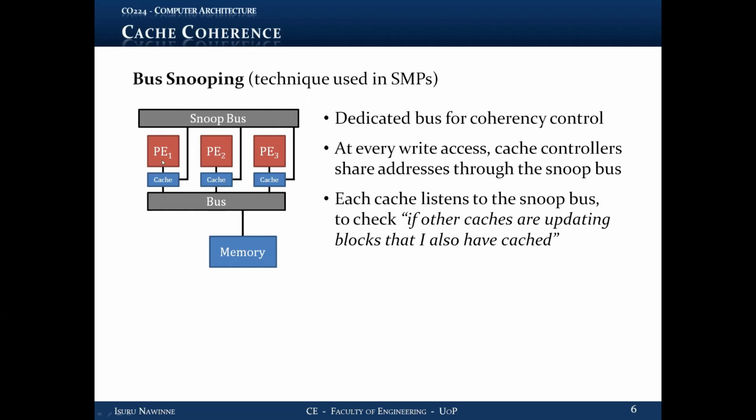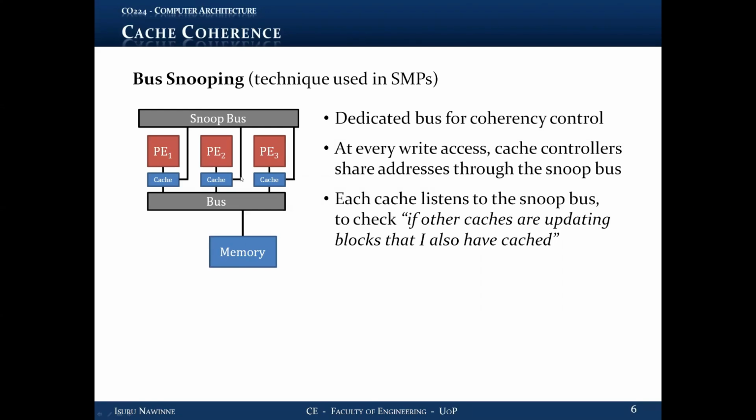So processing element 1's cache will say, okay, I received a write to memory address X. That information is broadcast to these other caches. And all of these caches are listening to the snoop bus to see if such a broadcast is done by other caches. So when the controller of, say, processing element 2's cache sees that there has been a write done to memory address X by a different processor, right?